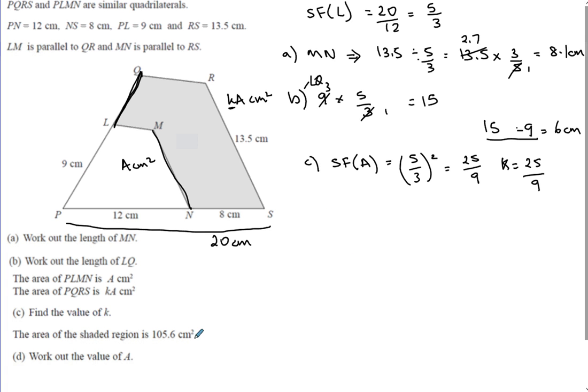Okay, the area of the shaded region, so again, it's the big minus the small. Yeah, big minus small is 105.6. Okay, all right, so then the area of the big one is 25/9A.